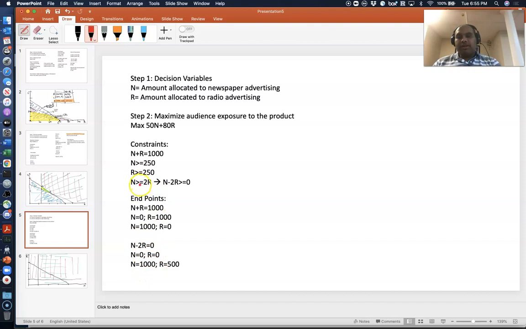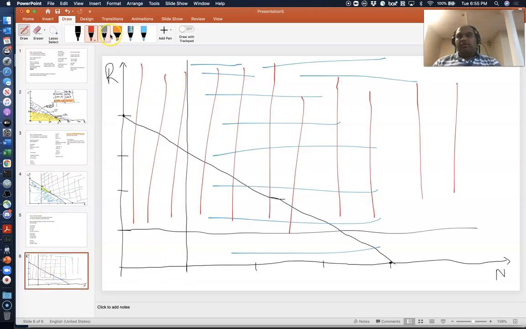Now, apart from that, the final constraint is n minus 2r greater than or equal to 0. So n is greater than or equal to 2r. But let's first plot n minus 2r equal to 0. So it's 0 comma 0 and 1000 comma 500. So 0 comma 0 is here, 1000 is here, 250, 500 is right there.